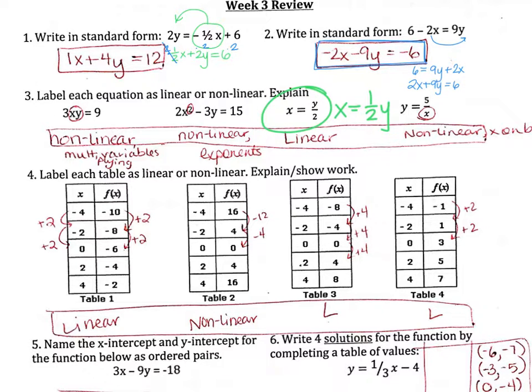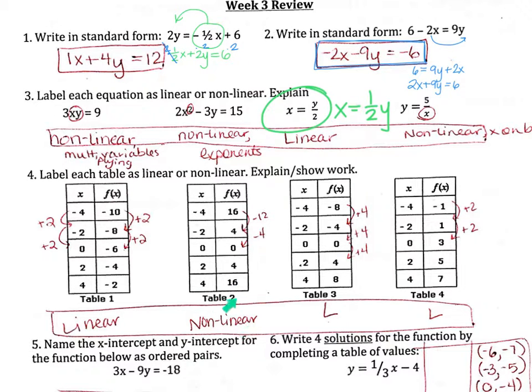Question 4 is what we talked about today. You need to check the rates of change and that they're the same every time. So showing your work is good enough as an explanation for me, because you're just showing that it's a constant rate of change. So in table 1, I got lazy, but this is adding 2 every single time all the way down and then adding 2 on the other side, so that's going to be linear. Table 2, it subtracts 12, then subtracts 4, then adds 4, then adds 12.